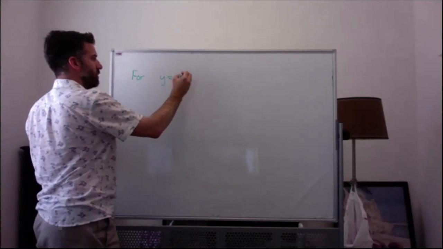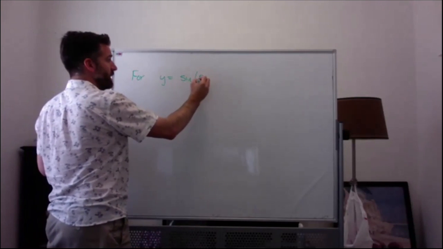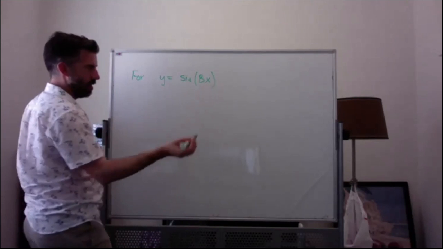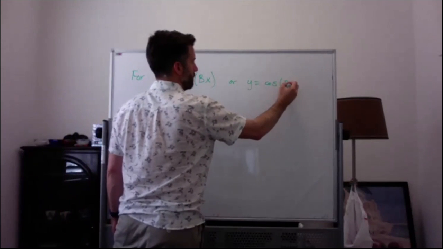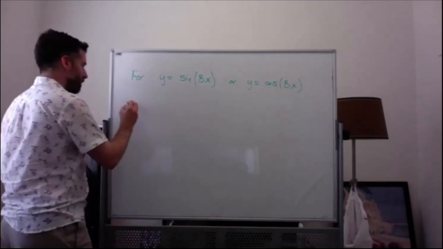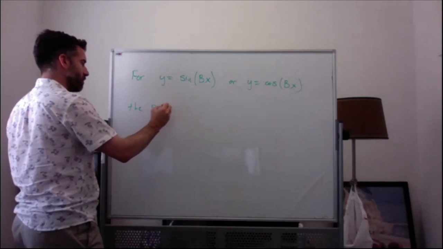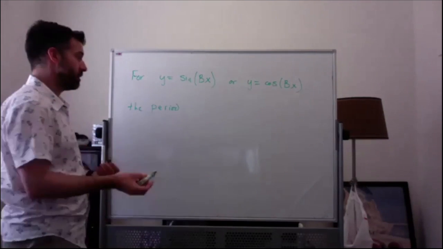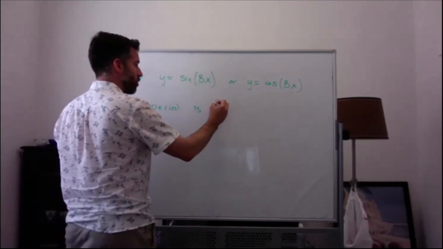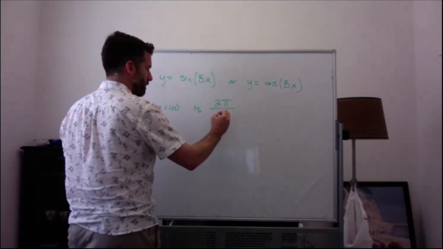For y equal to sine of Bx, or y equal to cosine of Bx, the period of the function, meaning how long it takes to repeat its shape, is the quantity 2 pi divided by B.